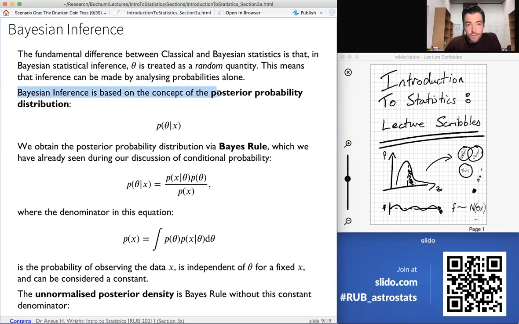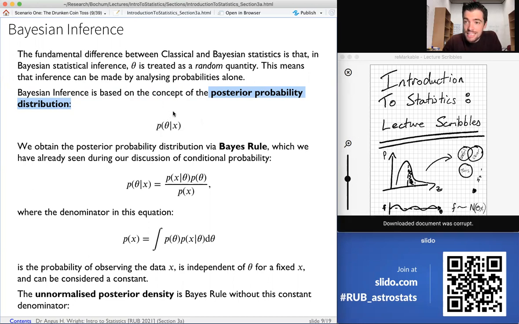And so Bayesian inference is based almost entirely on the posterior probability distribution. Be careful you don't get this mixed up with what we were just looking at on the last slide: the posterior is the probability of theta given x. It's the probability of the model theta given the data x, the opposite conditionality of what we saw in the likelihood.